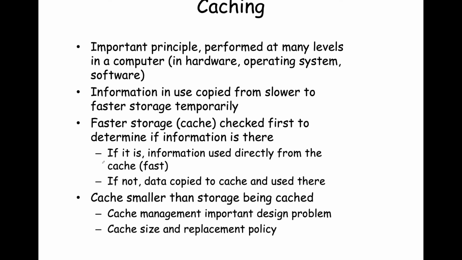If it's not, then a request is made to pull in more data from the slower memory into the faster memory. This faster memory is usually smaller than the larger, slower memory. The management of this cache, to make sure you always have current information pulled in, is a really important design problem. So you typically look at the cache size, the amount of small memory, and what policy you're going to use to make these replacements when you need more data to fetch.